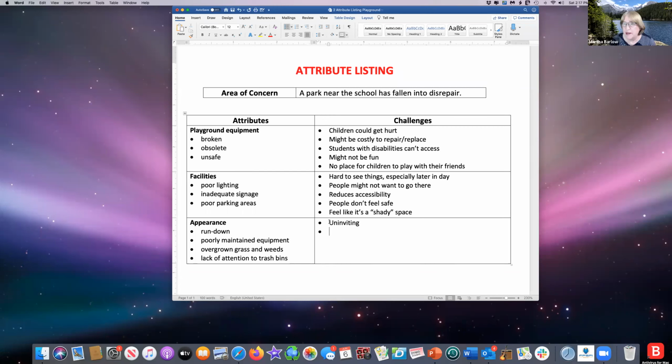There might be a lot of pests and animals. It could lend itself to vandalism. Some people might be allergic to the grass and weeds. It might smell.